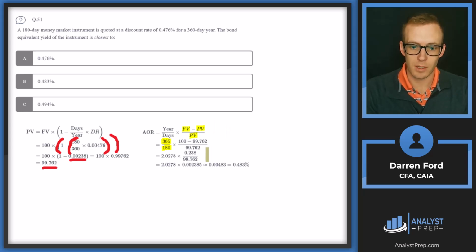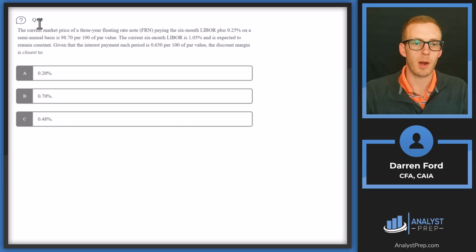This gives us a little over 2, and then 0.238. We divide that by the starting value of the bond, and it gives us approximately 0.00483 with some rounding, or 0.483%. Answer B.